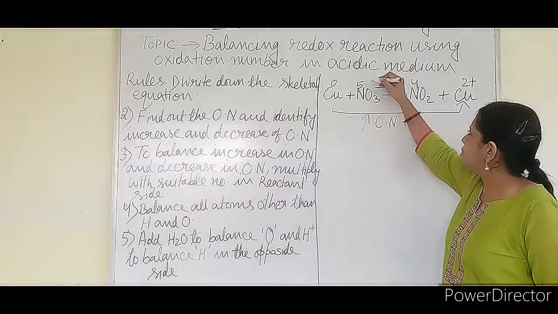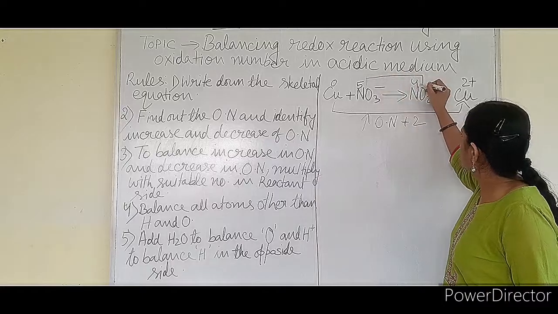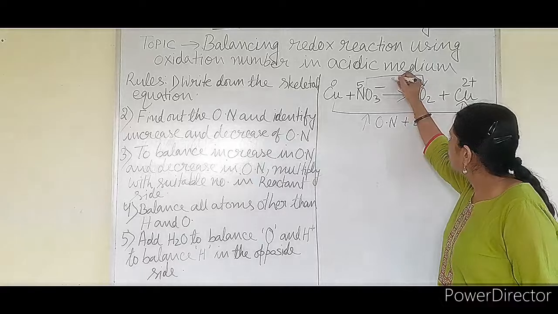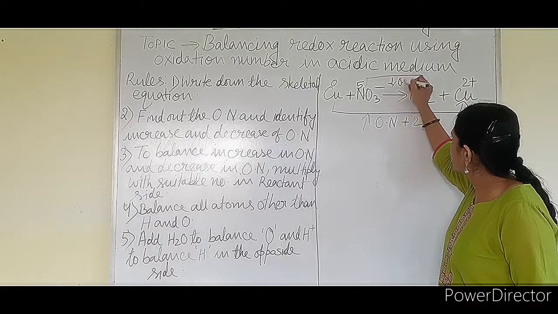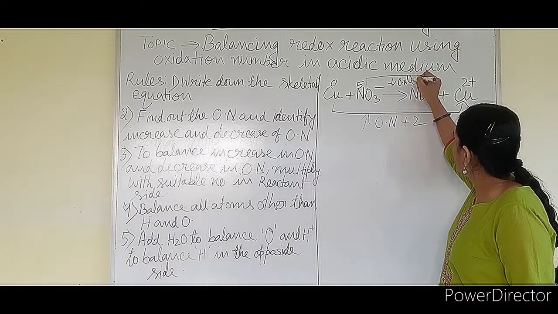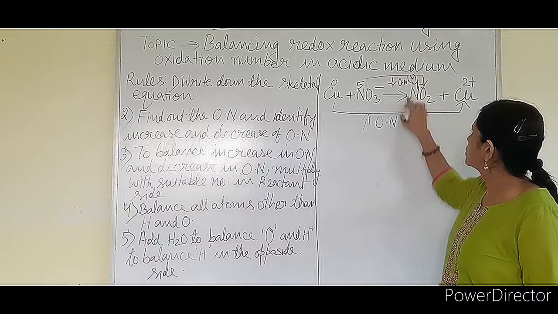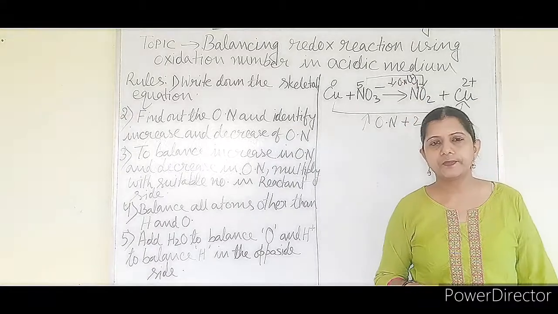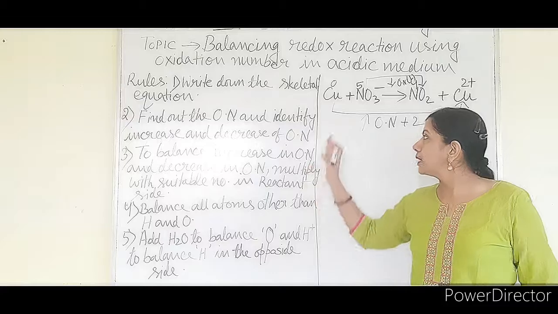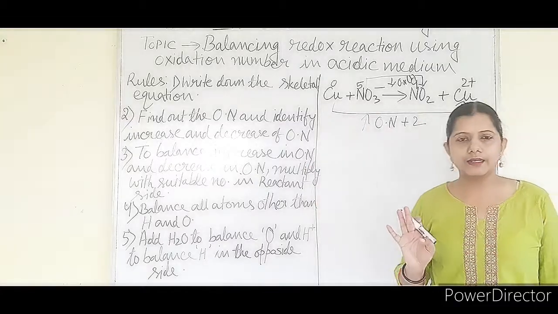And in this case, what is happening? The oxidation number is decreasing by 1. Here it is increased by 2, here it is decreased by 1. So my first step was writing the skeletal equation.